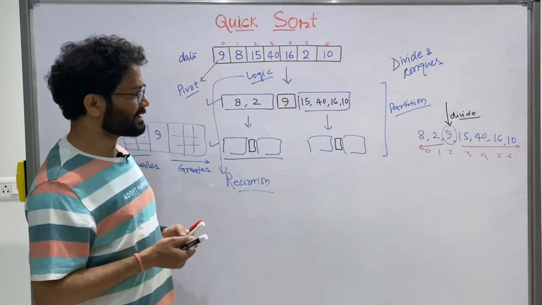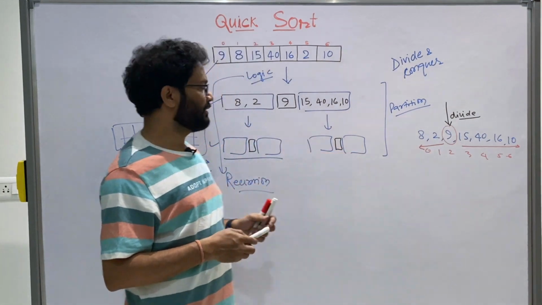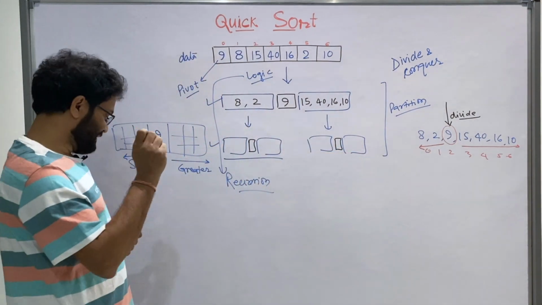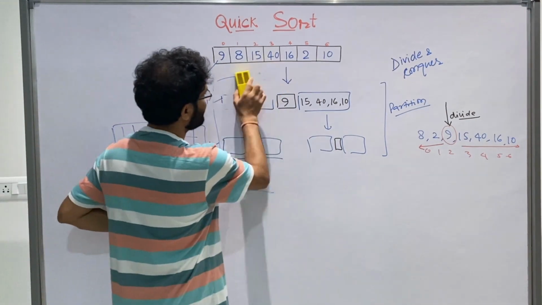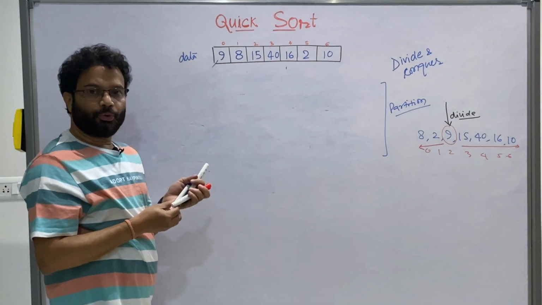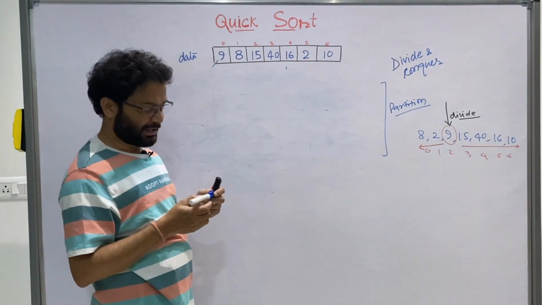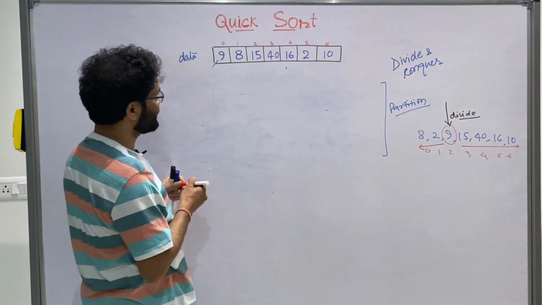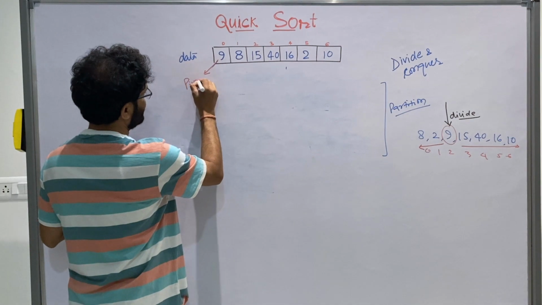Now let me explain what logic should be there to keep the pivot element in the sorted position. You can take any element as the pivot, but for simplicity I am always taking the first element as the pivot element.